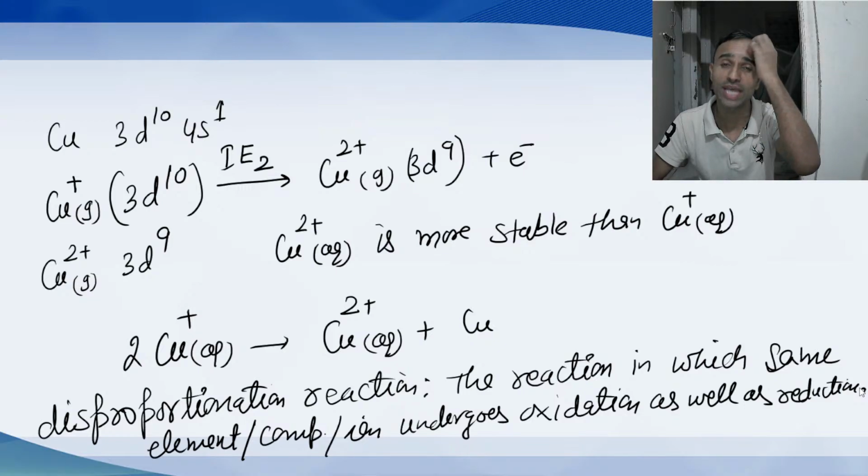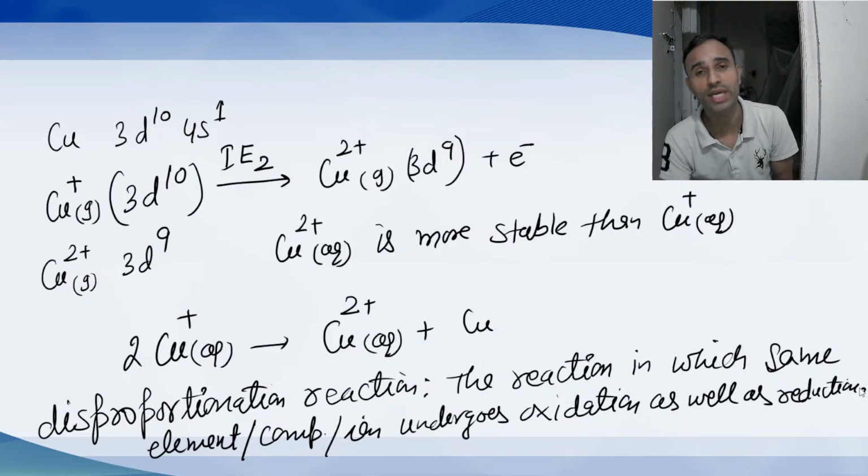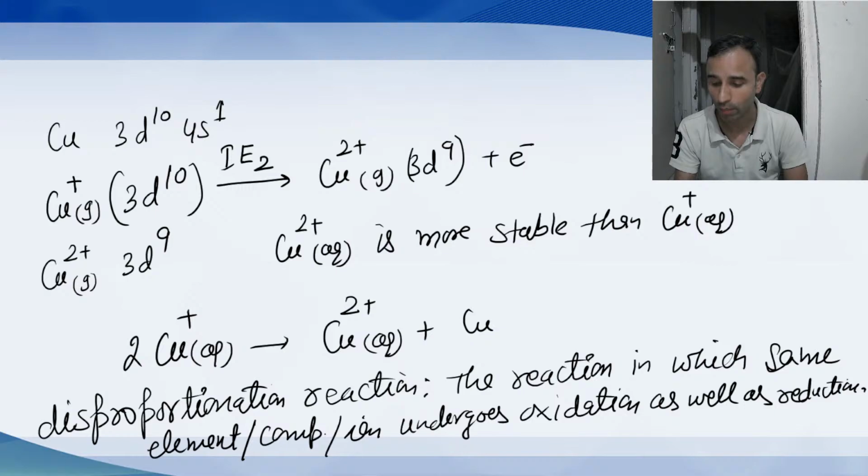So copper 1 plus aqueous undergoes disproportionation because copper 2 plus aqueous is more stable than copper 1 plus aqueous.